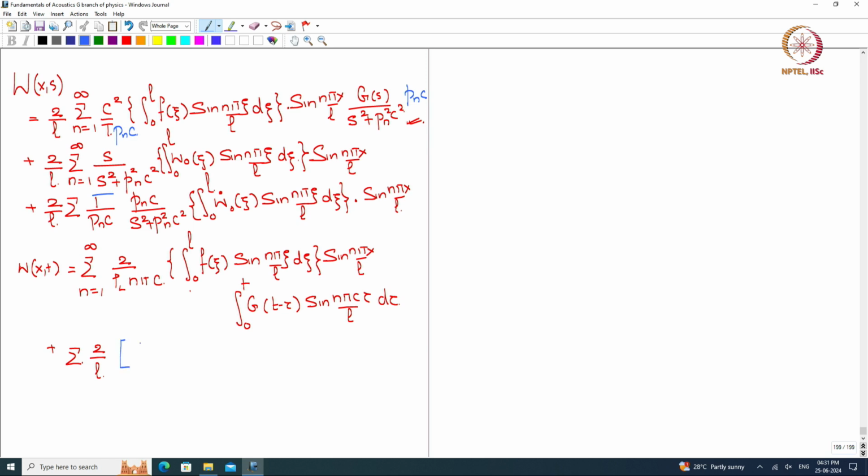It is a cos n pi c t by L. And then we have this integral 0 to L w 0 of xi sine n pi xi by L d xi into a sine n pi x by L.